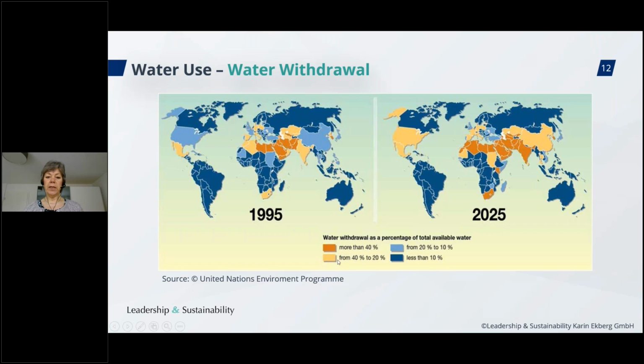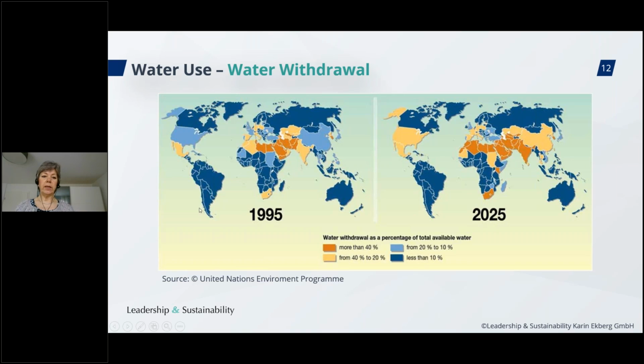And to explain here what the color coding means: the brown here means that more than 40% of the total available water has been withdrawn. The light brown is 40 to 20%, the light blue 10 to 20%, and the dark blue less than 10%.